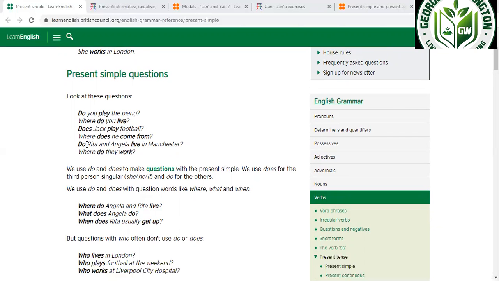In a question with WH, I use where first, the WH question first, then my auxiliary verb, does, in this case, because I'm using a third person here, and the verb in the base form. Where does he come from?